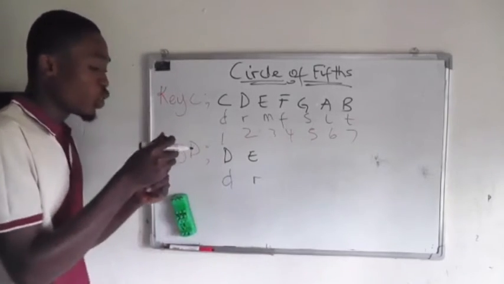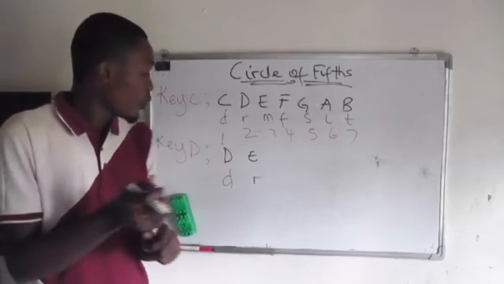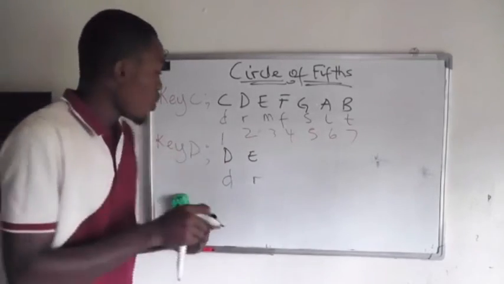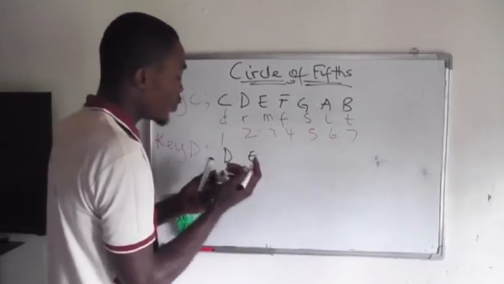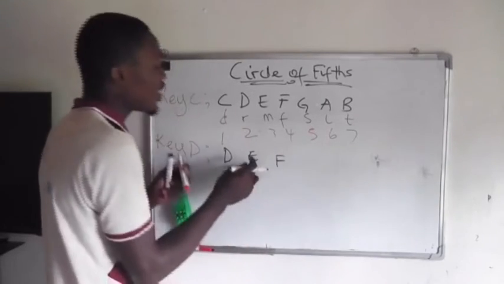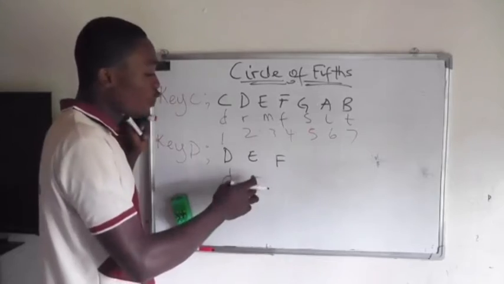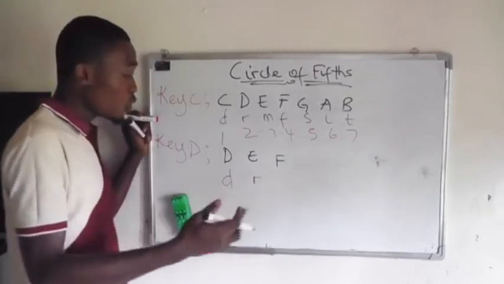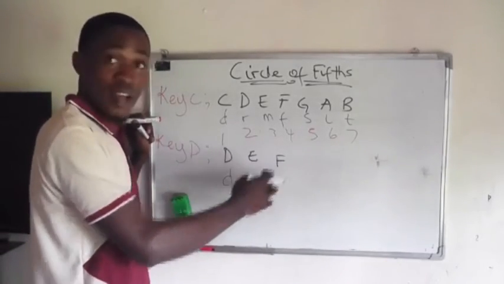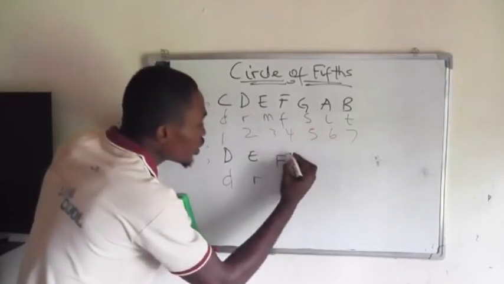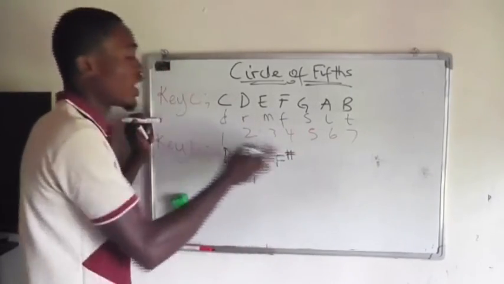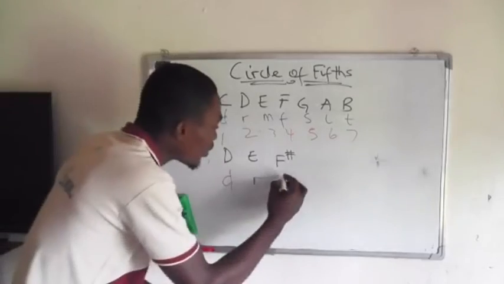It's supposed to be a tone because between re and mi is a tone. But when you want to write F, you discover that between E and F is a semitone. It's not a tone. But from re to mi is a tone, and from E to F is a semitone. So this is going to be F sharp. So your mi now is going to be F sharp.